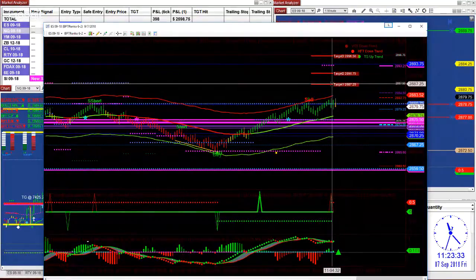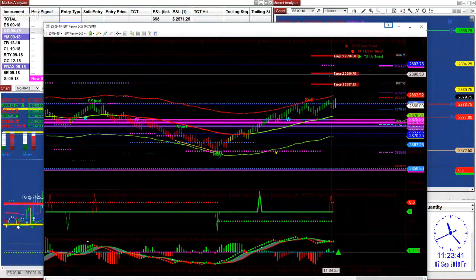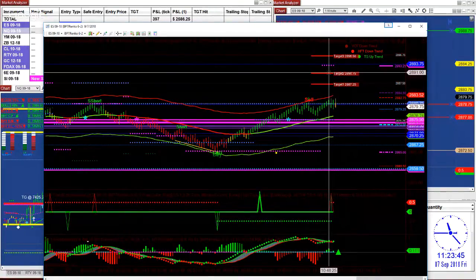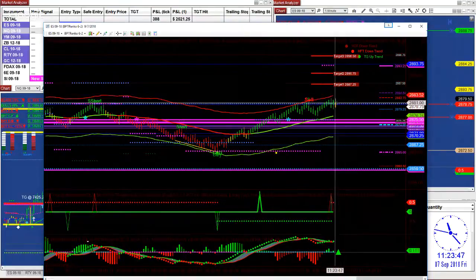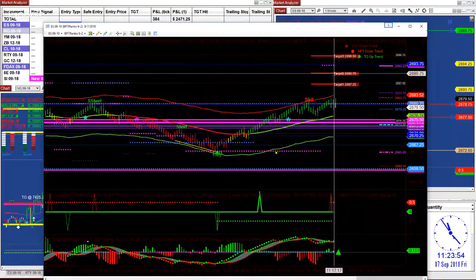Once we hit target one, it's going to be profit taking. Today is Friday, like any other day. And then target two. Once you see this market hit target two, the party is over for the rest of the day. Out of the band, you have two options: 87.25, and the second target is 90.75.